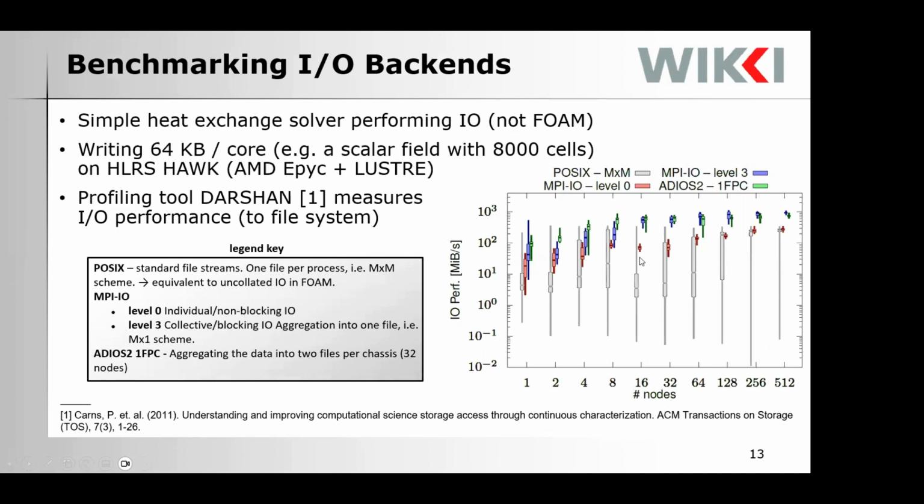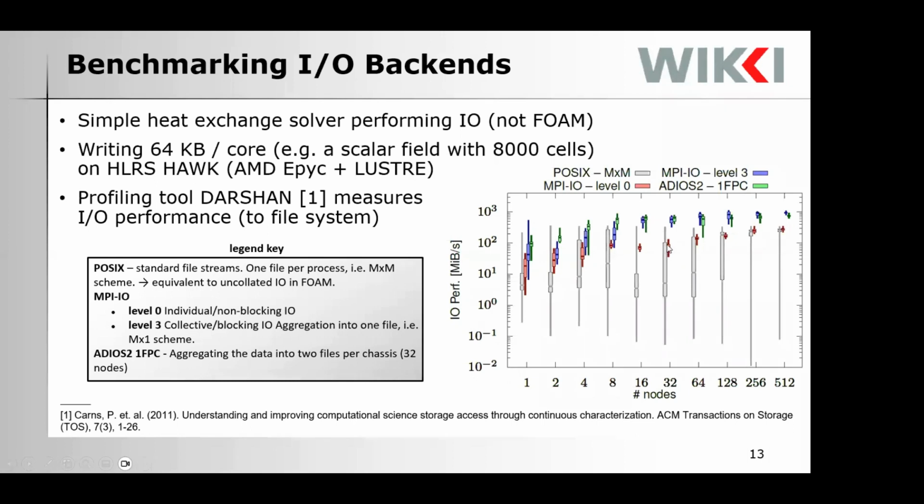So POSIX has, let's say, a wide spread, right? Some files are written slowly, some are written fast, and on average it's not as good, because the file system gets stressed when you write a lot of files.